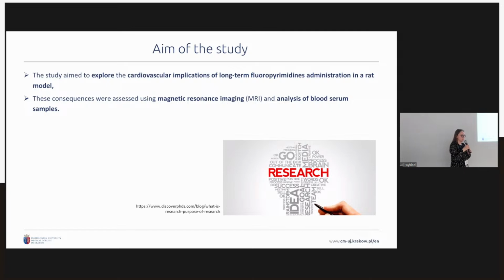Concerning the purpose of our investigation, we wished to examine the cardiovascular effects of long-term fluoropyrimidine administration in an animal model, and to assess these effects, we used magnetic resonance imaging, and additionally, we analyzed the blood serum samples.